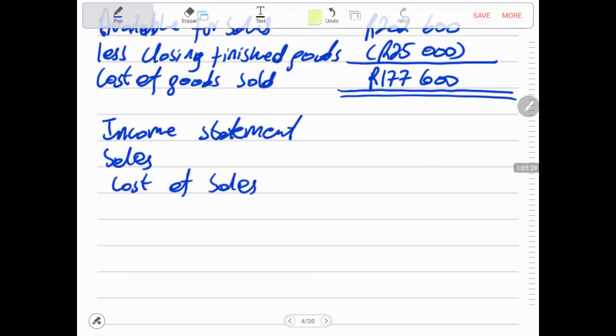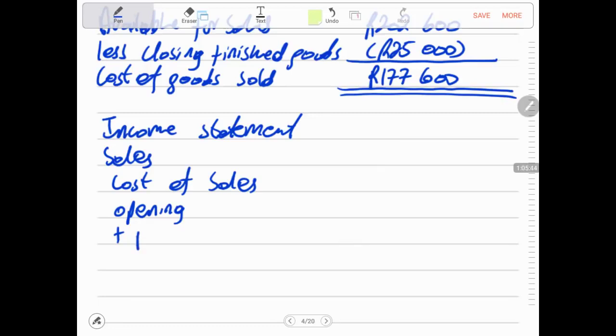And cost of sales will be opening plus manufacturing cost or production cost minus closing. Then this will give us the cost of goods that were sold.